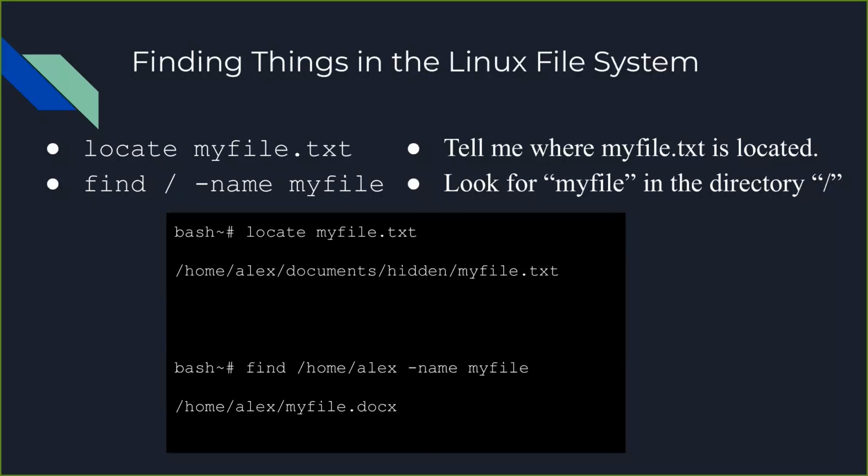What you would be left with is a series of results where the name of the file contains the word myfile, but all of the results will be underneath the /home/alex directory. So both of these are really useful tools for finding things in Linux. The locate tool might take a while to run, but the find command is a good way of cutting down on the amount of time that it might take.